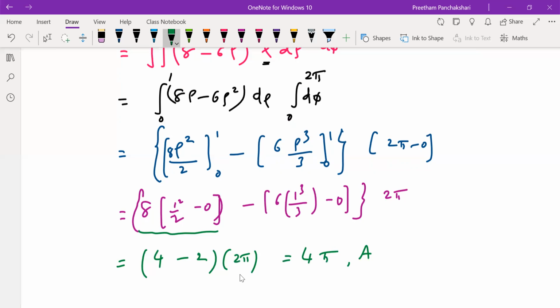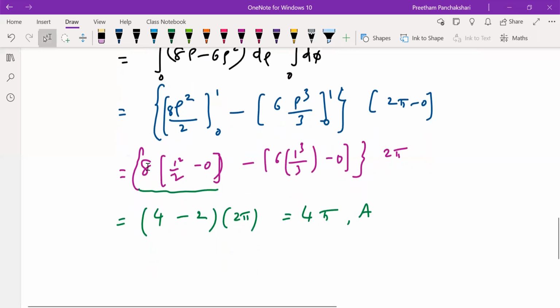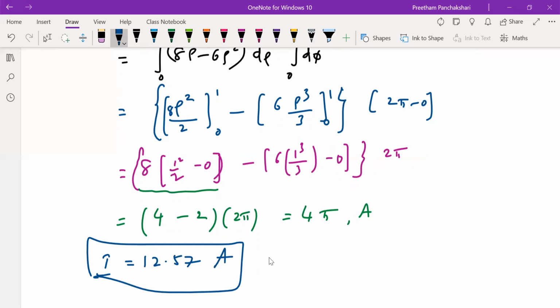So now the current is 4 pi amperes. If you substitute pi equal to 3.14, I think you are going to get somewhere around 12.57 amps current. So that is the solution of this problem.